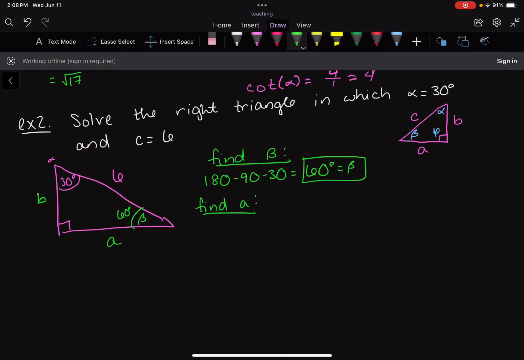So with these, you often have options. I definitely need an angle to help me, and I do have the hypotenuse. So if I think about 30 degrees, A, and 6, I can say that sine of 30 degrees would be equal to A over 6, because remember, sine is opposite over the hypotenuse.